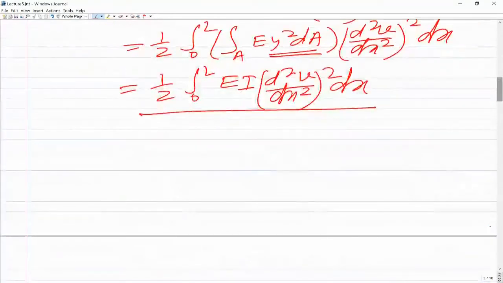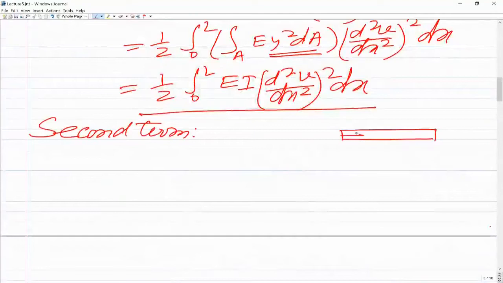Now if you look at the second term, so you have this beam, y and v, and then there is a distributed force along y direction, which is a transverse force, that is q. So if you take a differential length of this dx, so if you look at the force over this length, it is going to be basically q into dx, and that any x, the displacement is v.